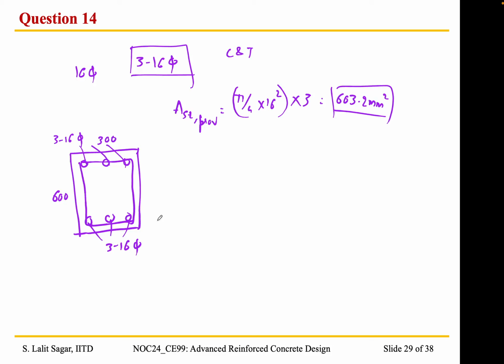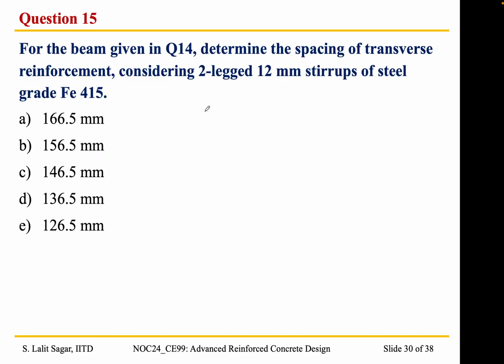In the next question we will look at what is the spacing of transverse reinforcement that is required, considering 2 leg 10 mm stirrups of Fe415 steel. Kindly calculate the spacing of transverse reinforcement for this particular problem. I'll be doing the problem along with you. I'll be writing down the data on the right hand side.